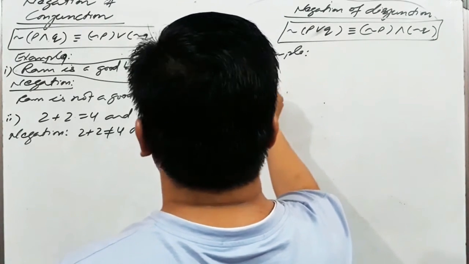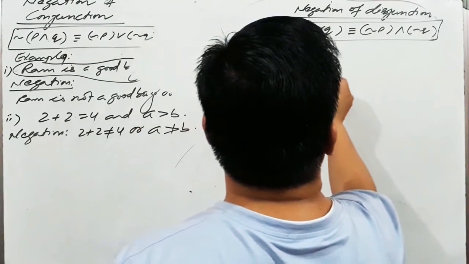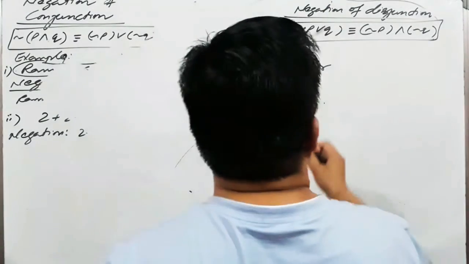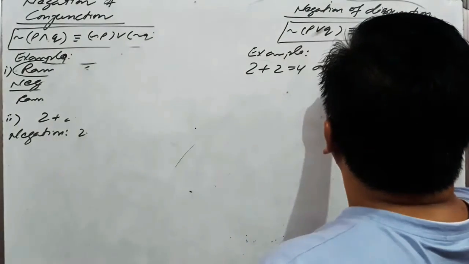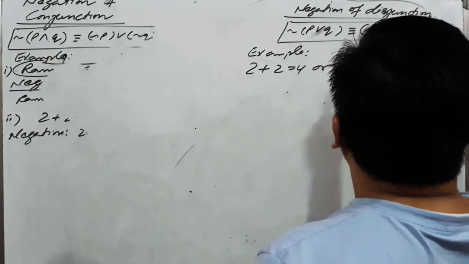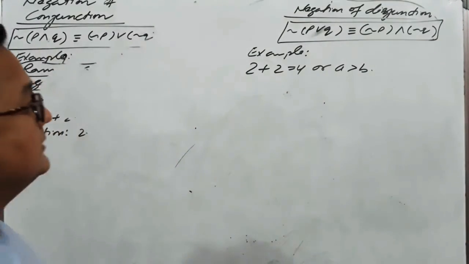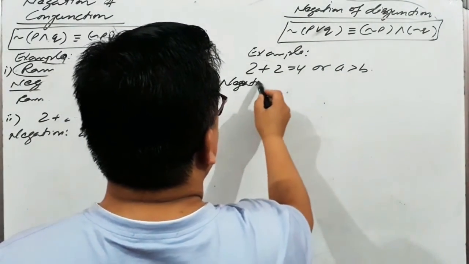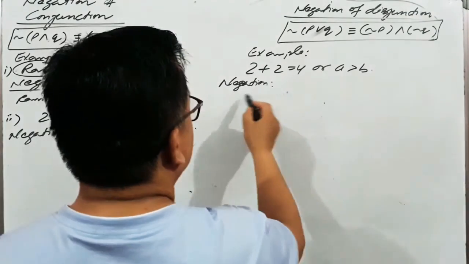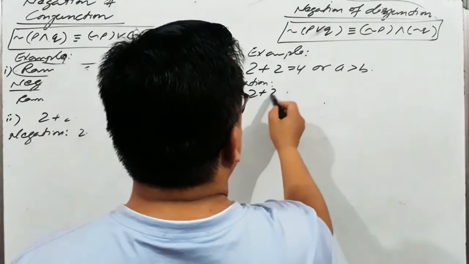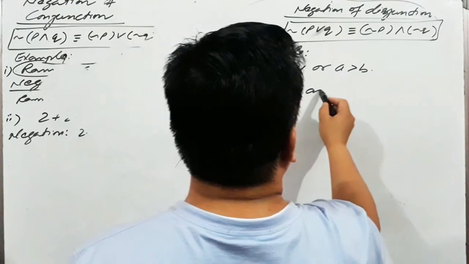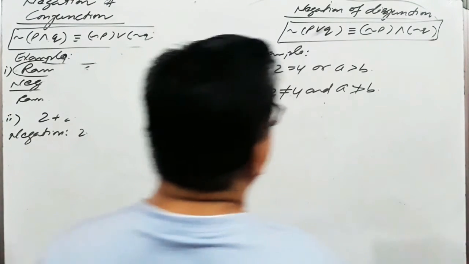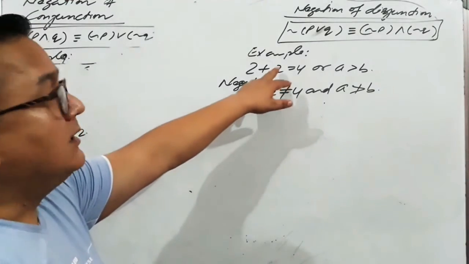For example, 2 plus 2 equals 4 or A greater than B. What will be the negation of this statement? 2 plus 2 is not equal to 4 and A is not greater than B. This is the negation of the disjunction.